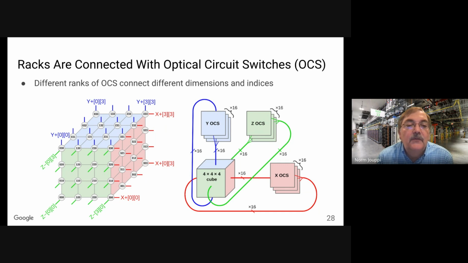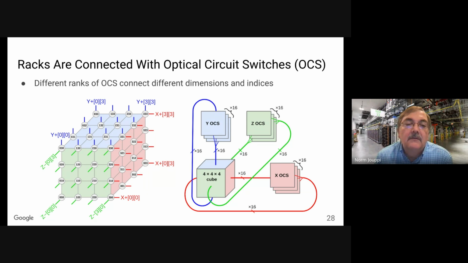So you have 48. Well, there's also multiplexing going on. So you have the 96, but they're multiplexed down to 48 optical cables.